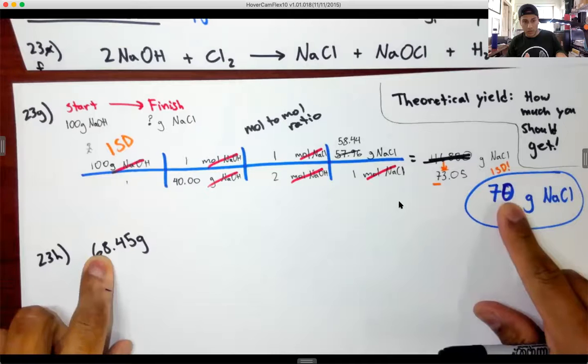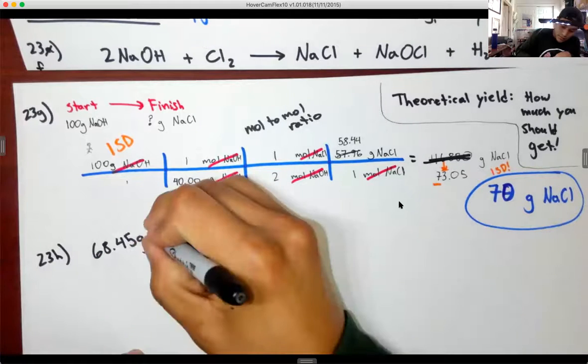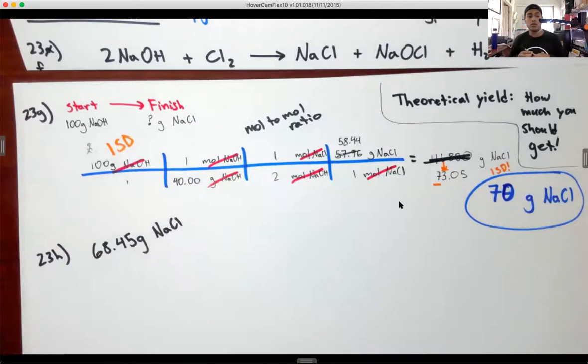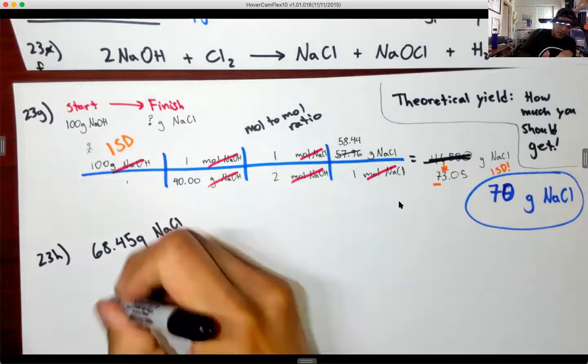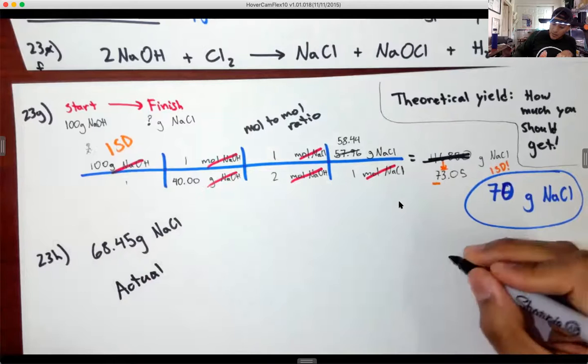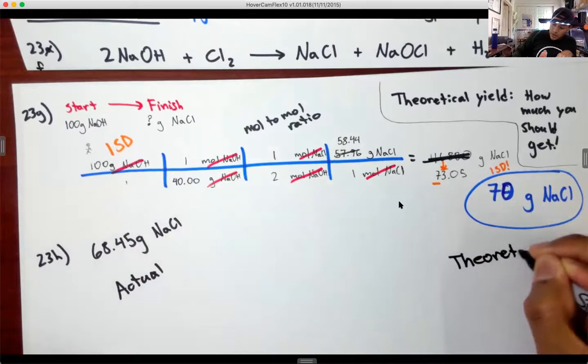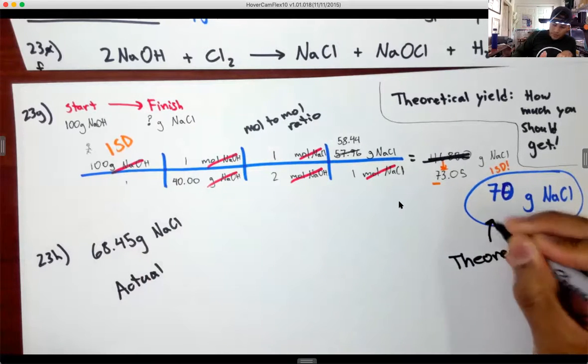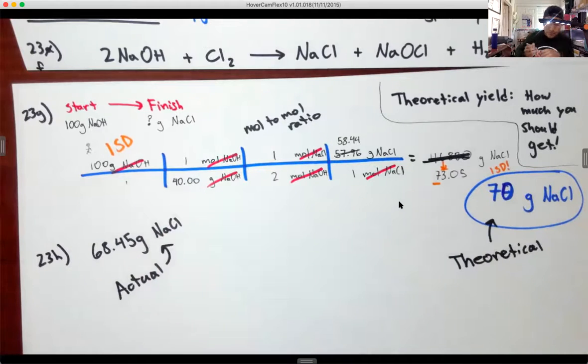It's still very close. Let's say that you got this when you did the experiment; this is your actual yield. This here is your theoretical yield.